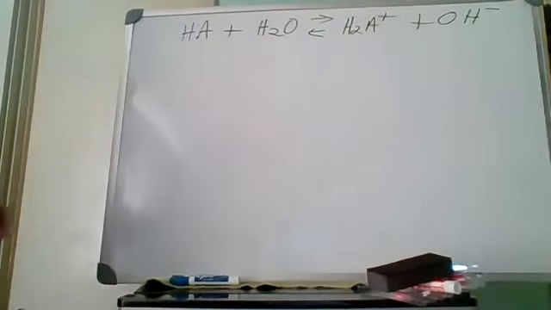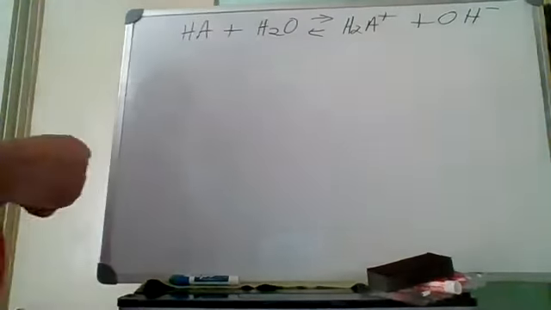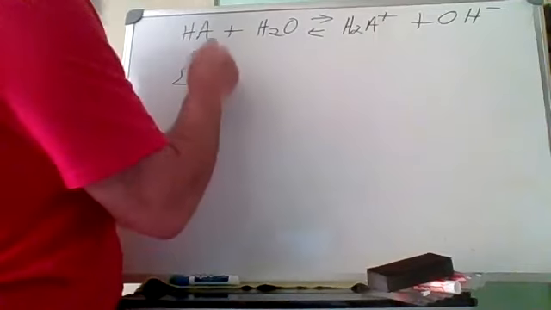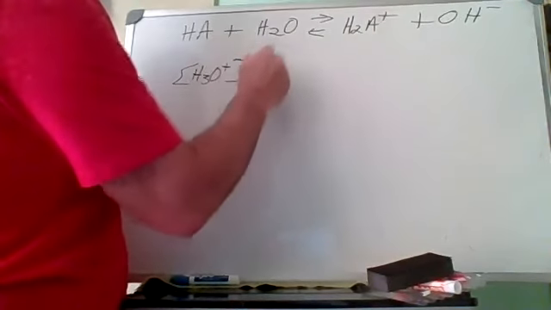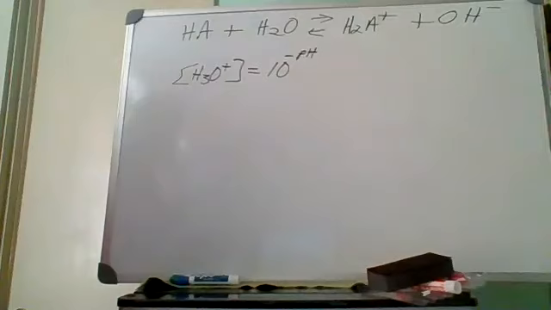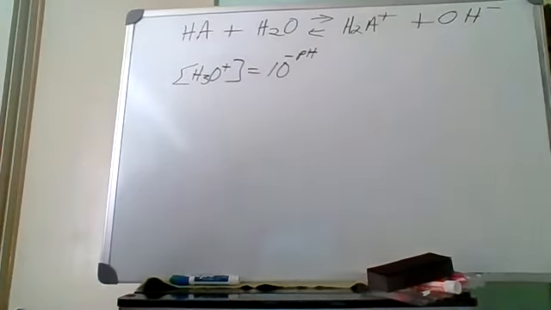All right, we're told what the pH is, right? And we know that the hydronium ion concentration is equal to 10 to the negative pH. So let's get what the hydronium ion concentration was.